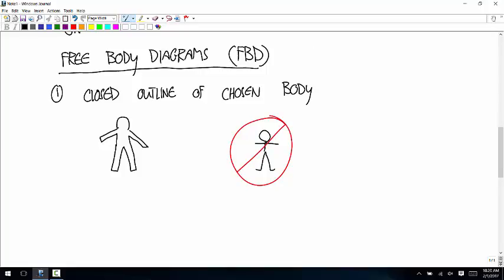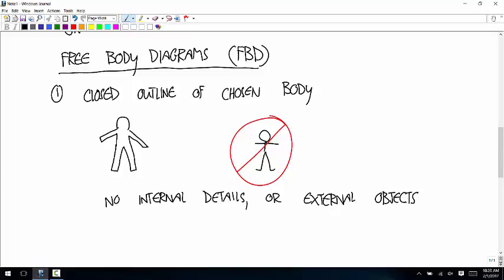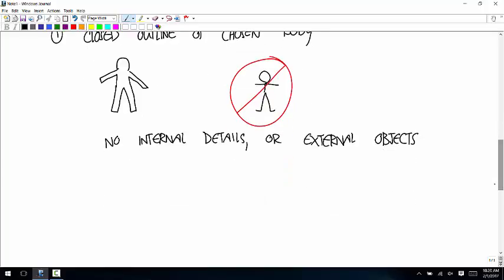And the closed outline should have no internal details or external objects. So, for example, if you're isolating a car, okay, here's the outline.